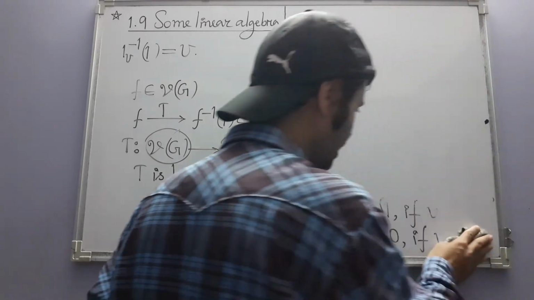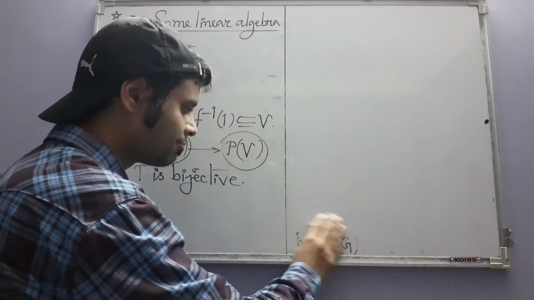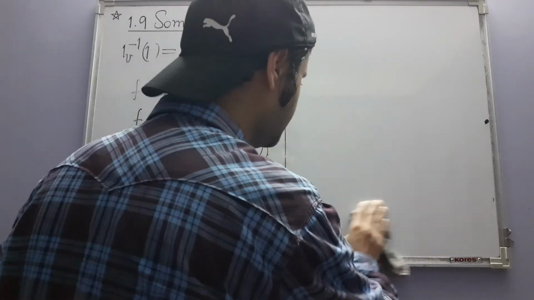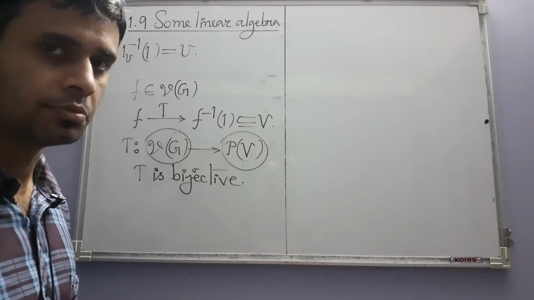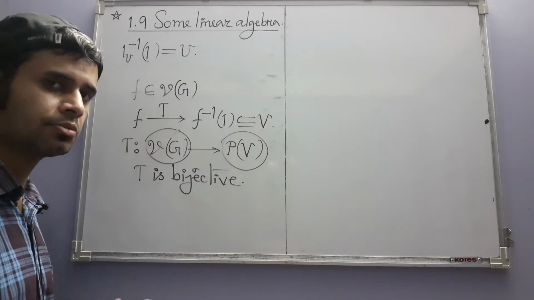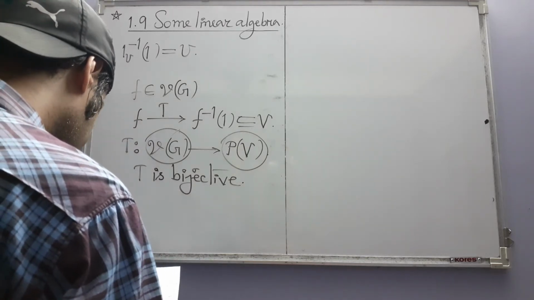Technically speaking, can we define a plus on P of V itself that will at least turn P of V into a group, so that this T is a homomorphism? Yes, we can. And that's where this next thing comes.